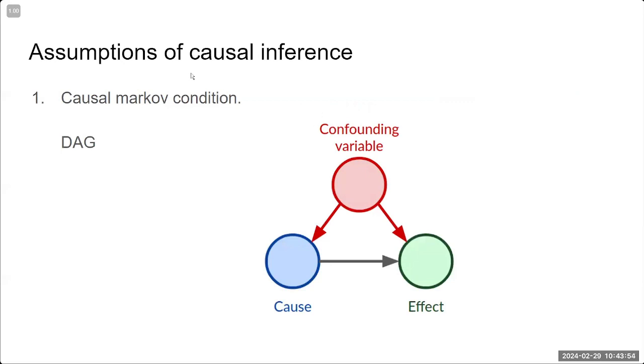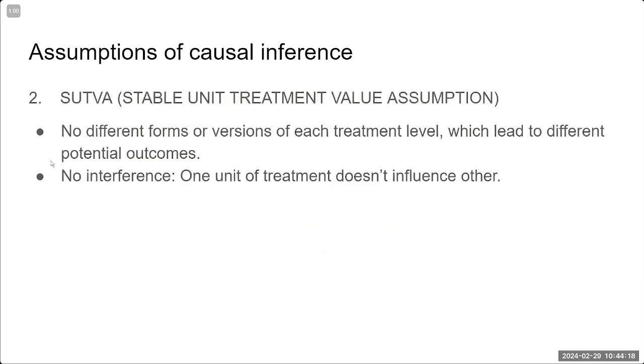So for causal inference, there are some assumptions. The first assumption is the causal Markov condition. As we have seen before, there is a confounding variable that has an effect on cause and effect both, and the cause can change the effect. So this will be a directed acyclic graph.